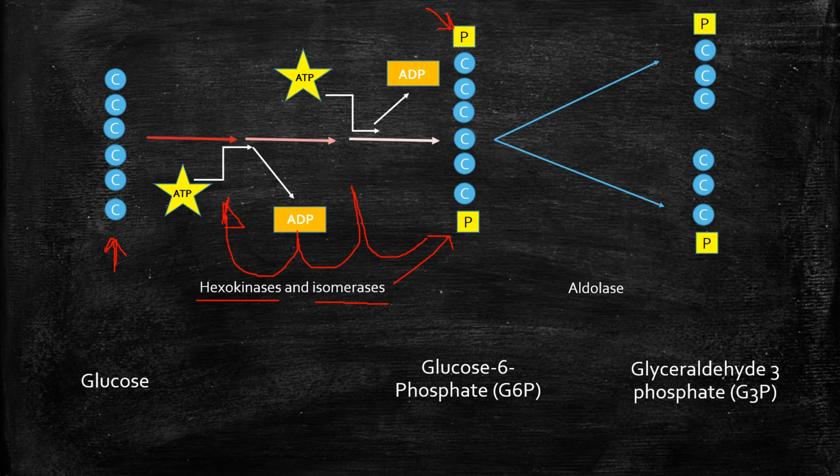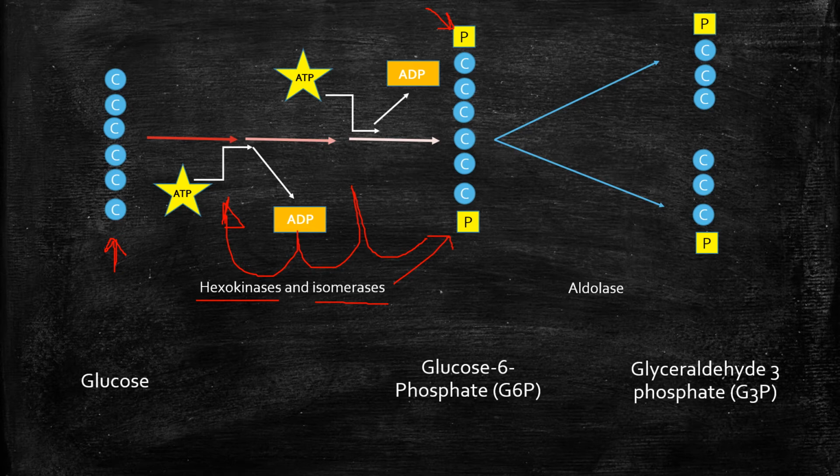In other words, if we have too much G6P, the process of glycolysis is going to stop because it's signaling the rest of the body, I have enough, I don't need any more right now. Okay, so that's a feedback loop. And that's how regulation happens so that we can maintain homeostasis. Okay, but how do we get this ball moving forward?